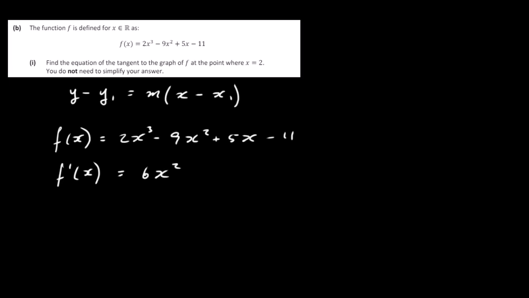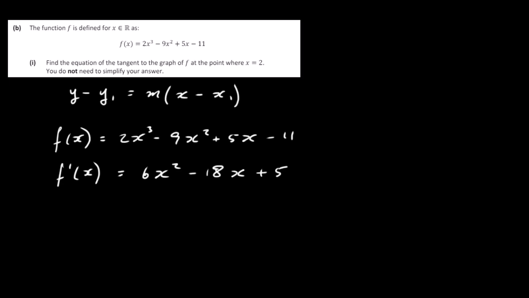So we have f of x is equal to 2x cubed minus 9x squared plus 5x minus 11. We want to differentiate. So we have 6x squared minus 2 9's 18, x plus 5. This is the slope of all the tangents at any point x on our curve.